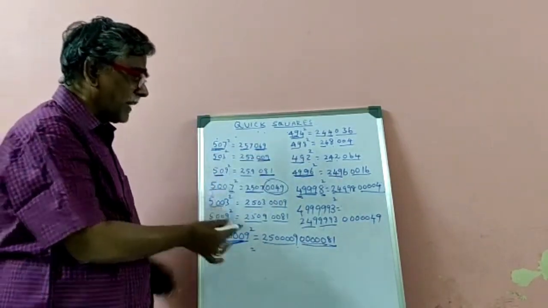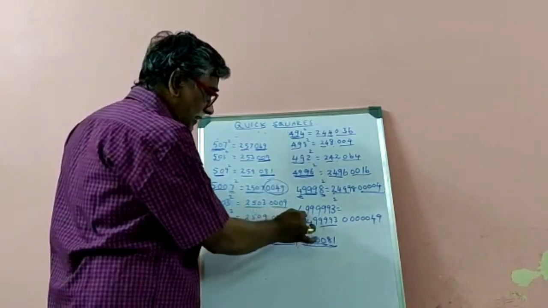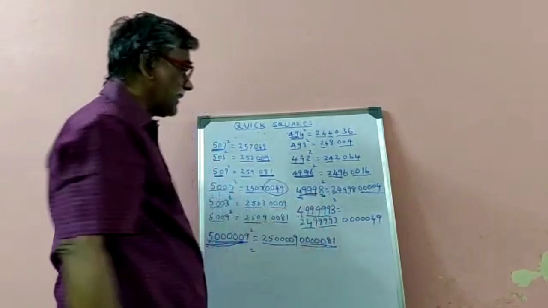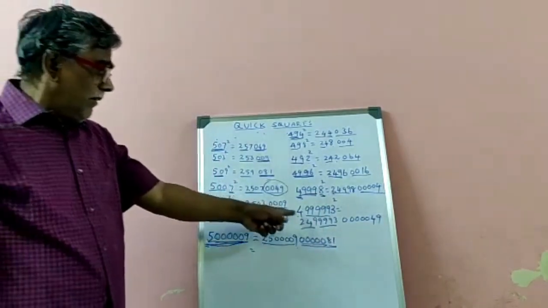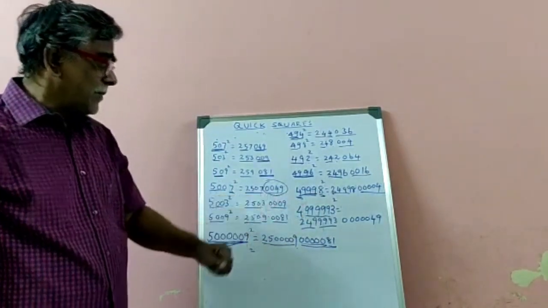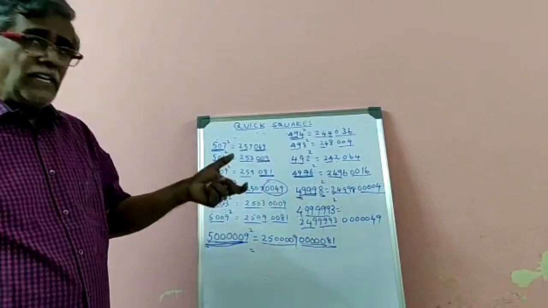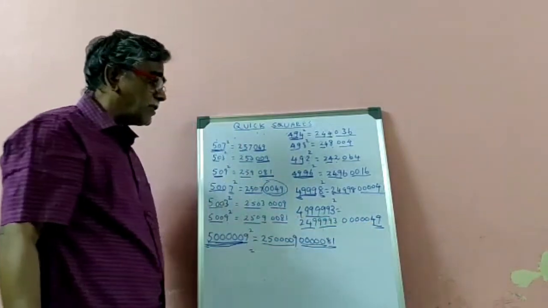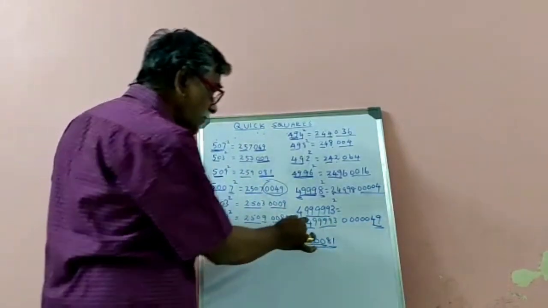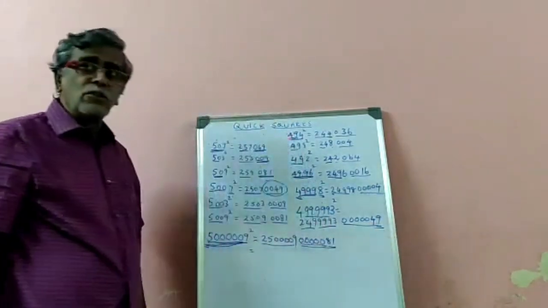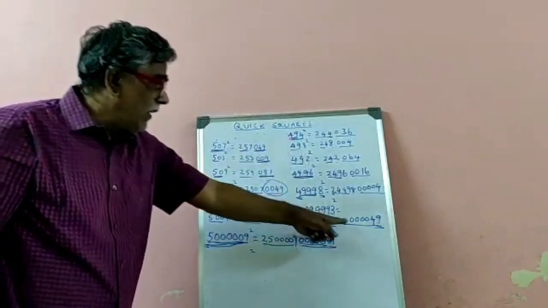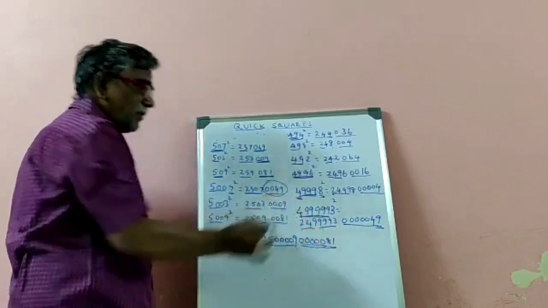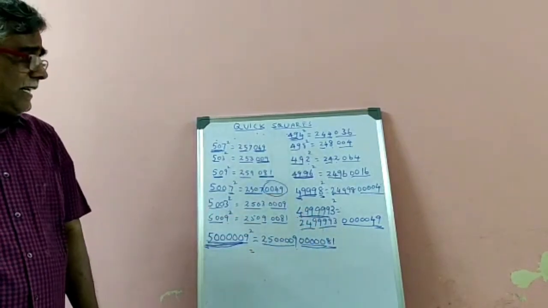So suppose a big number like this, 4 and then 5 nines with 3. In this case, here how much less than 50 lakhs? 7 less than 50 lakhs. So this one, 49 is the square of 7, and you write in 7 digits, 5 zeros with 49. So you get 5 zeros with 49 is this part, and this part is you divide this number by 2 and obtain the quotient.